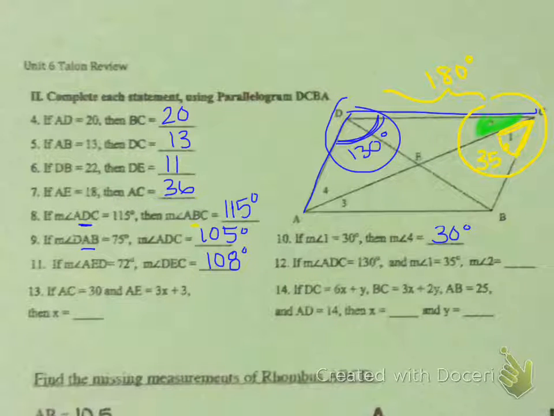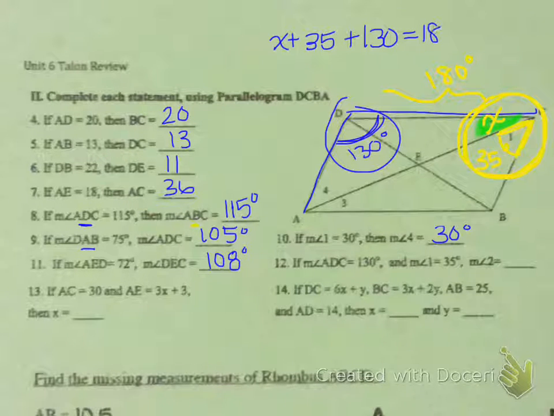Now this green one that's missing, I don't know its size, but it's part of that whole angle over here that adds with 130 to make 180. So let's call this green angle X. I'm going to set up the equation X plus 35 plus 130 all adds up to 180.